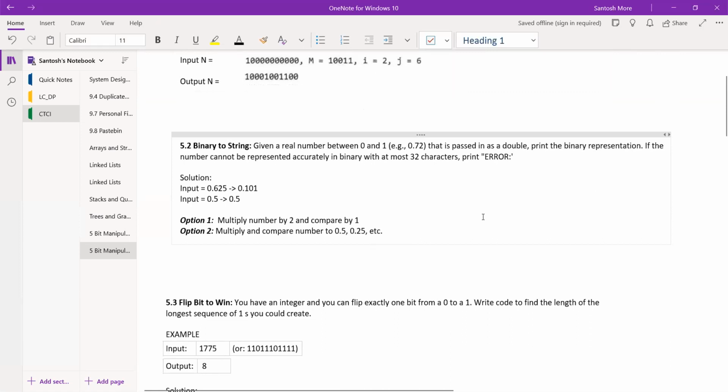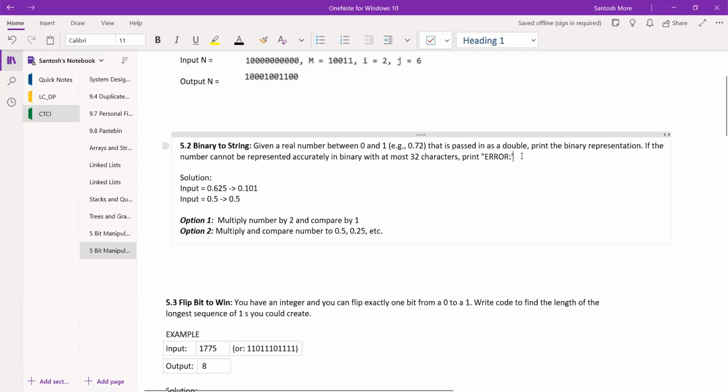So an example is 0.72. We'll always have a float value or a double value, which is passed as a double. We need to print the binary representation. If the number cannot be represented accurately in binary with at most 32 characters, we just print error.